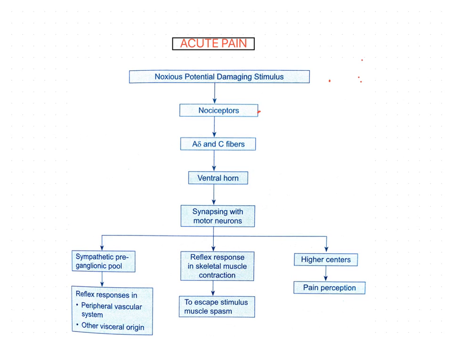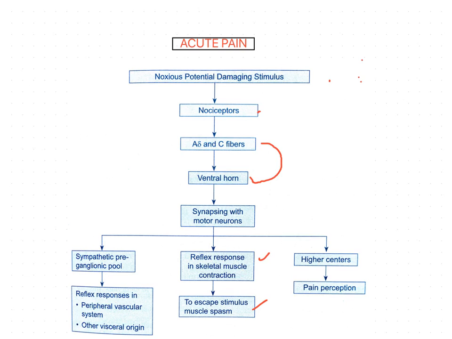If it has to take a reflex action, then it is not sent to the higher centers. In the spinal cord itself, it goes to the ventral horn, where with the help of interneurons it forms synapses with the motor neurons. Then it causes a reflex response, skeletal muscle contraction to escape the stimulus, muscle spasm.